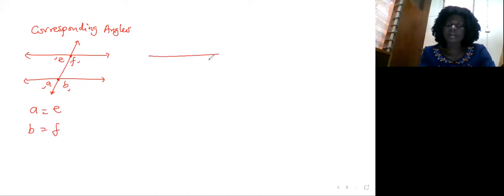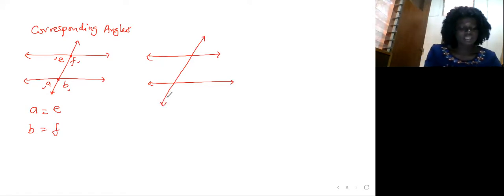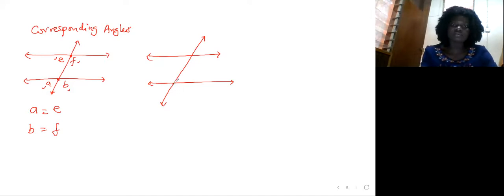Once again, let's pick the same parallel lines with our transversal line crossing. Then we pick the upper ones. So we have C, D, then H, G. What can you say about this also?